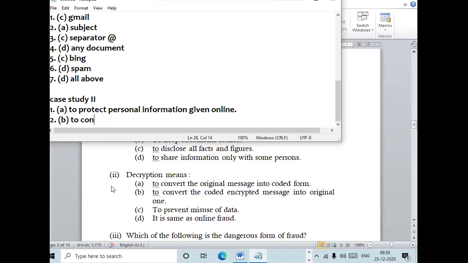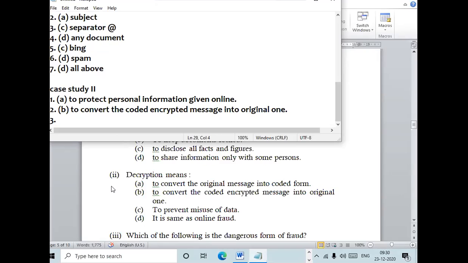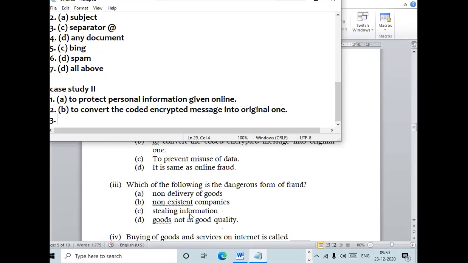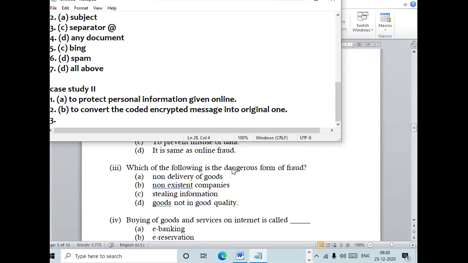To convert the coded encrypted message into original one. Which of the following is the dangerous form of the fraud? There are two categories of fraud, dangerous and non-dangerous.